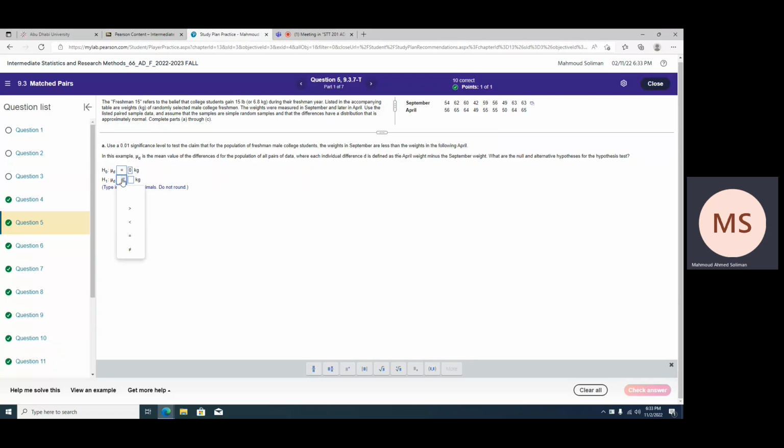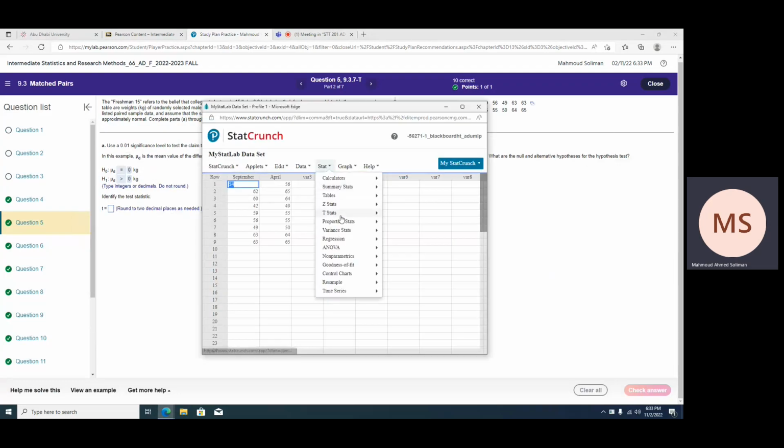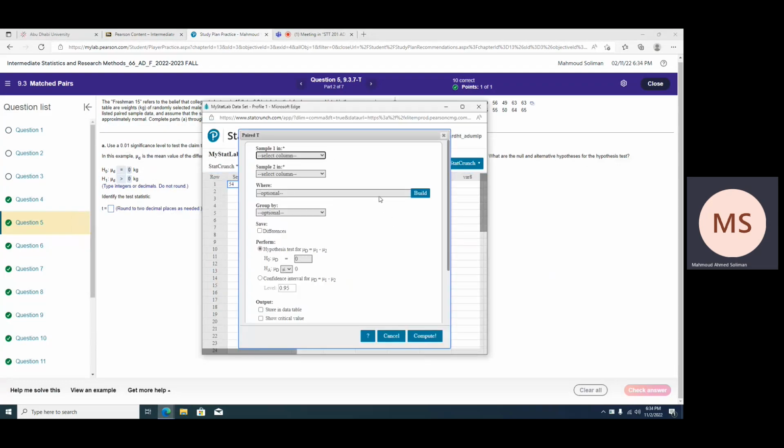April is the first sample, and they just said that September is less. No, it's more than, because September is mu 2. They switched it. April minus September, so more than.